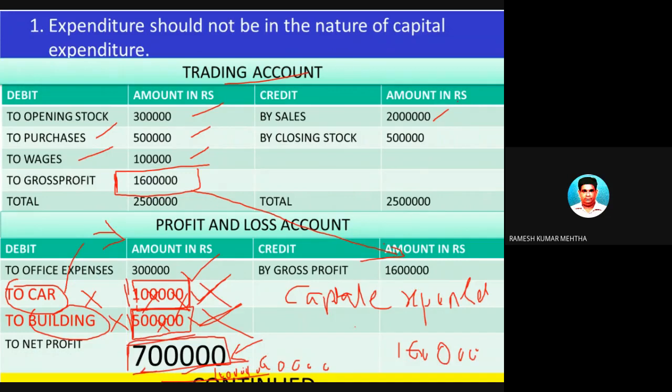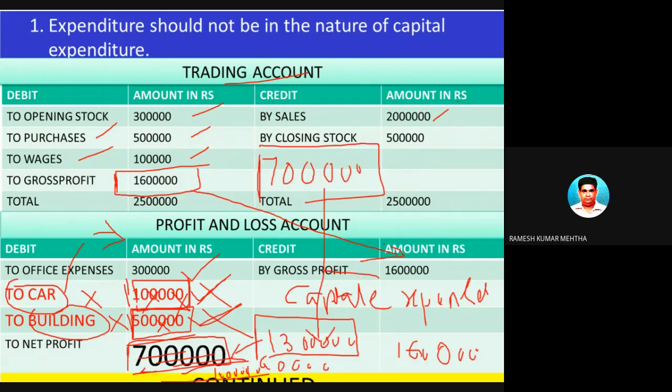Now if you see, this amount is not 7 lakh rupees, it becomes 13 lakh rupees. So the original wrong profit was 7 lakh rupees, and the right profit after calculation has become 13 lakh rupees. So this is the correct profit, and we have to change this profit to this profit. What should I do? Add these two items of expenditure, which are capital expenditure in nature, to the net profit.